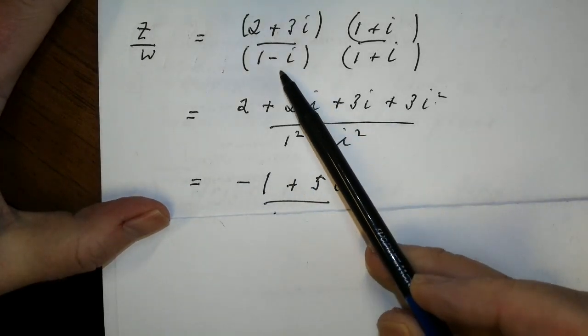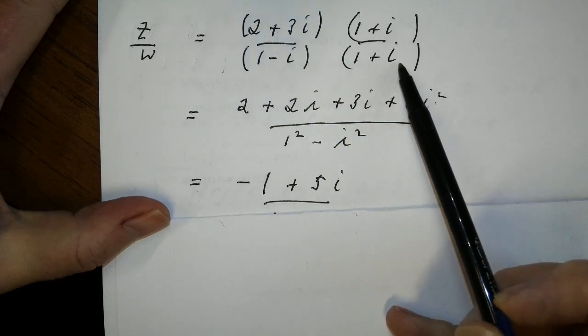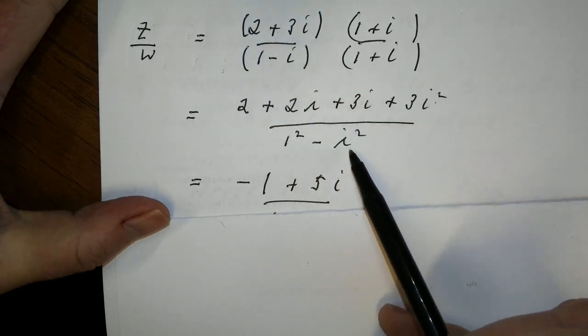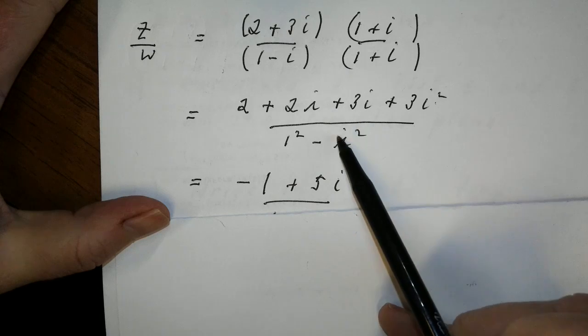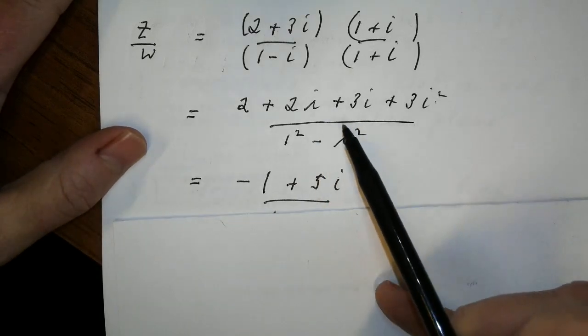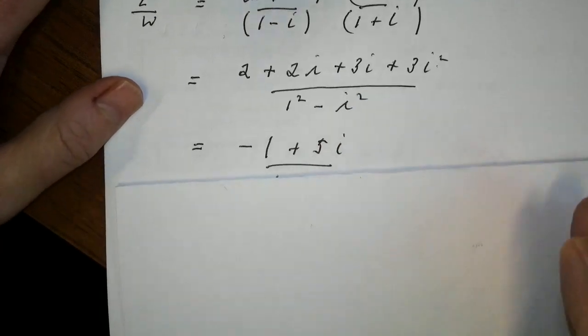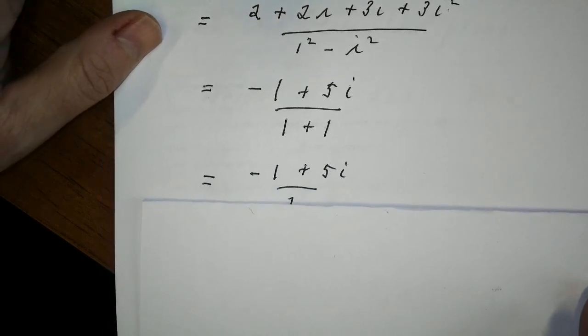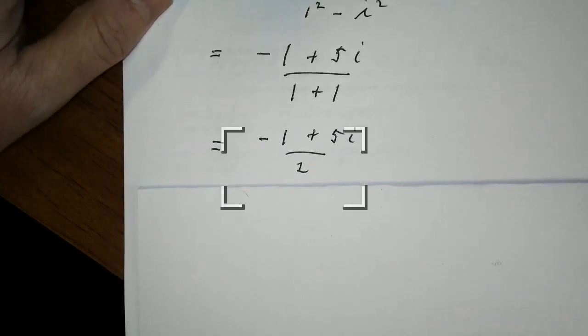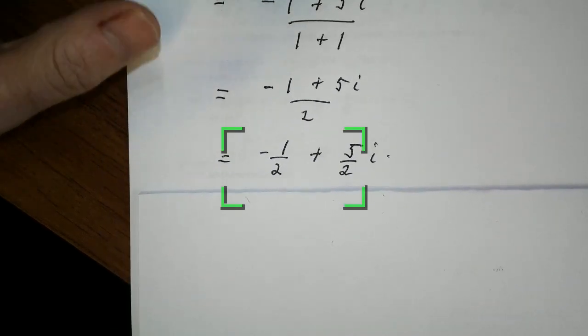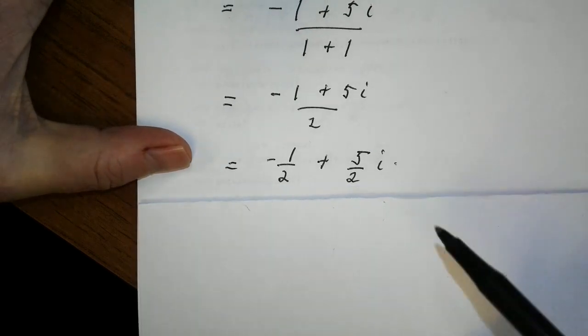And in the denominator, 1 minus i times 1 plus i is going to be 1 squared minus i squared. And since i squared is negative 1, we'll have 1 minus a minus 1, which gives us 2. So the end result is minus 1/2 plus 5/2 i.